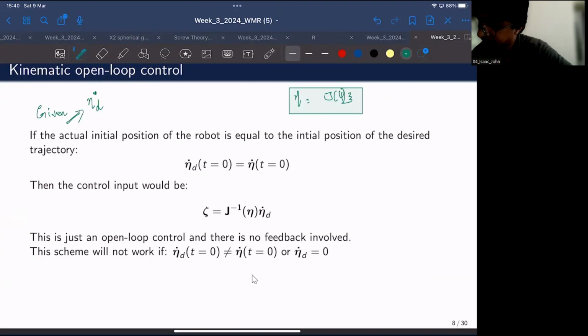And if this is given, and you simply plug this in here, you will be able to figure out the correct control input. So if this is given, then the control input zeta should be J of psi inverse times eta desired dot.